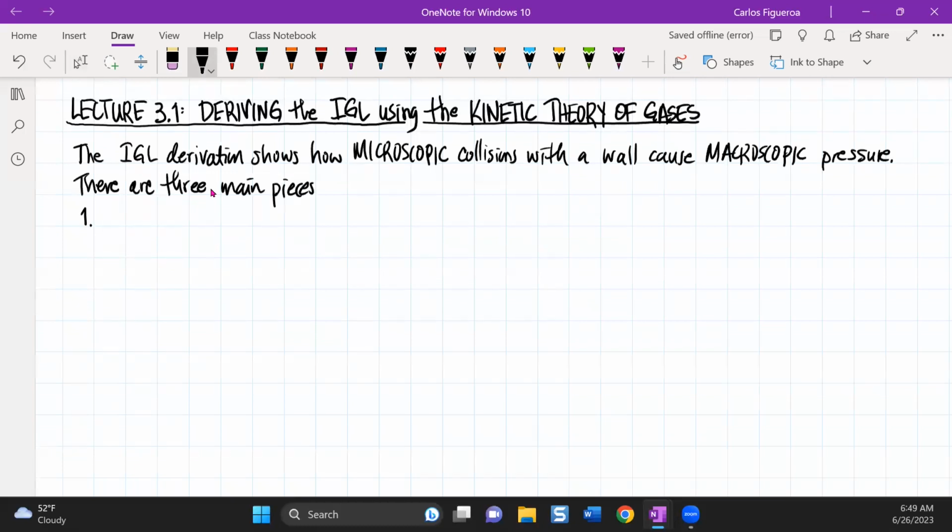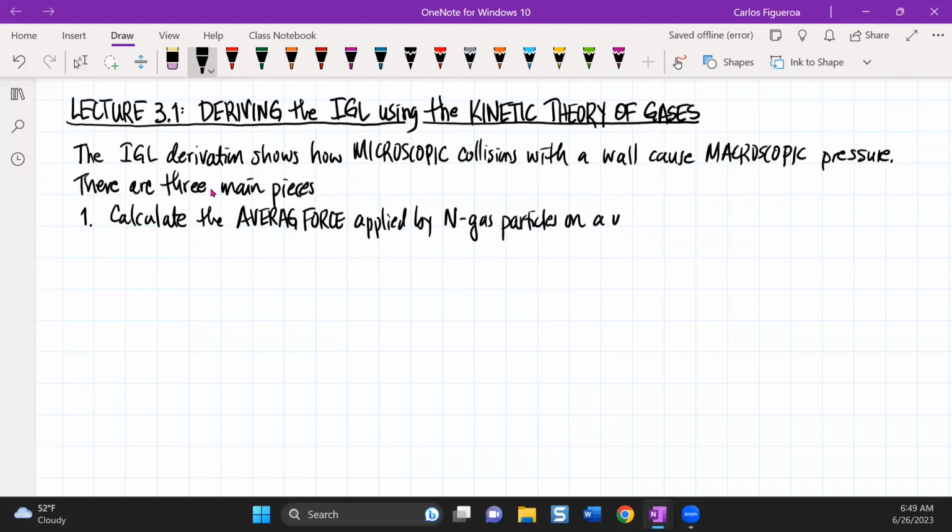One, we have to calculate the average force applied by n gas particles on a wall of the container.